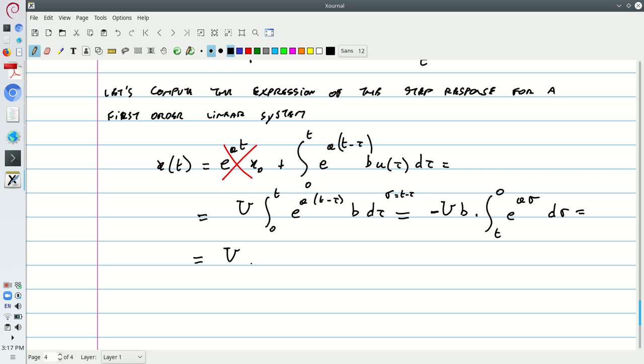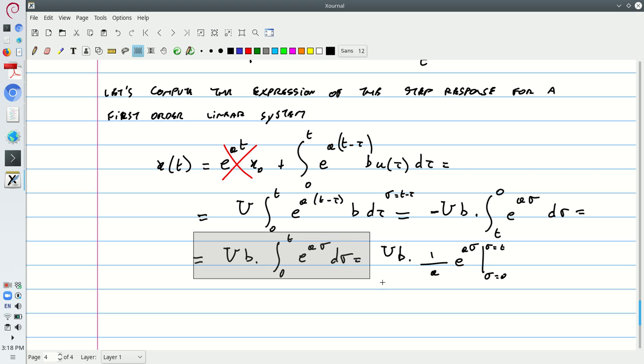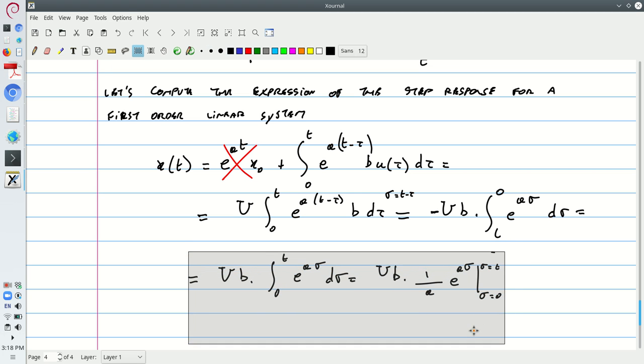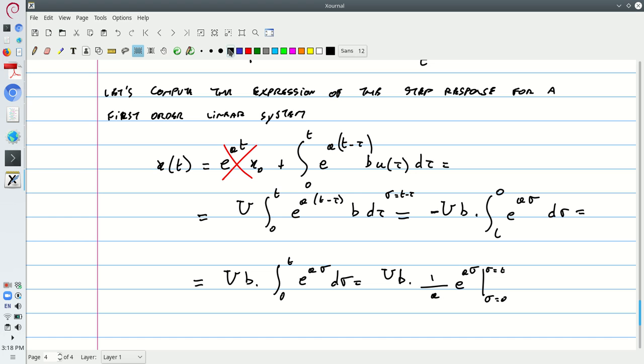So we are left with U times B times the integral between 0 and t of exponential of A sigma d sigma. Now we can write this as U times B times 1 divided by A exponential of A sigma computed when sigma is equal to 0 and sigma is equal to t. This is what this integral is going to look like.